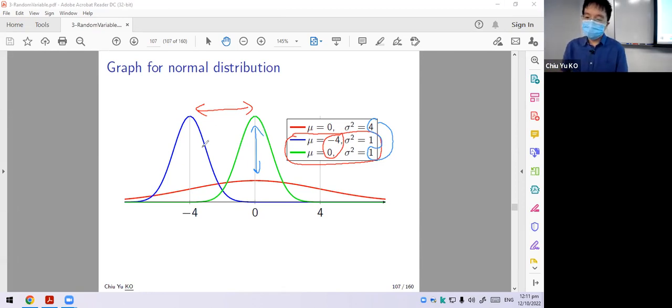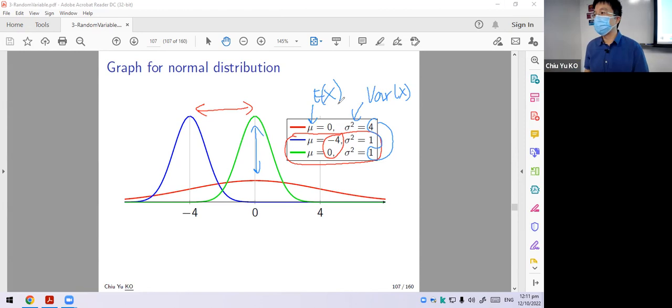You probably don't realize one important thing here: the mean is given by the mu, and the variance is given by the sigma squared. That is why we choose these two parameters, because they capture the mean and variance. And you do notice that the mean and variance are captured by two independent parameters. That is a very special case.